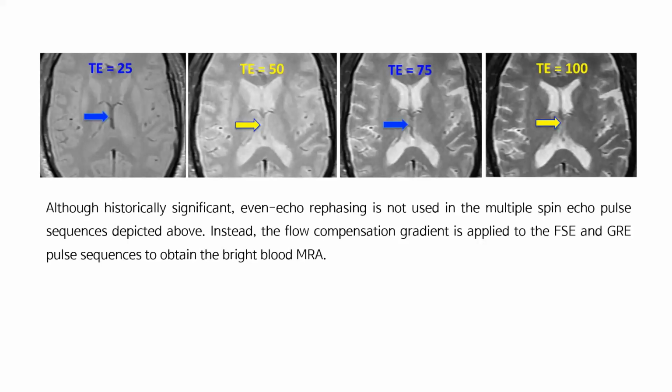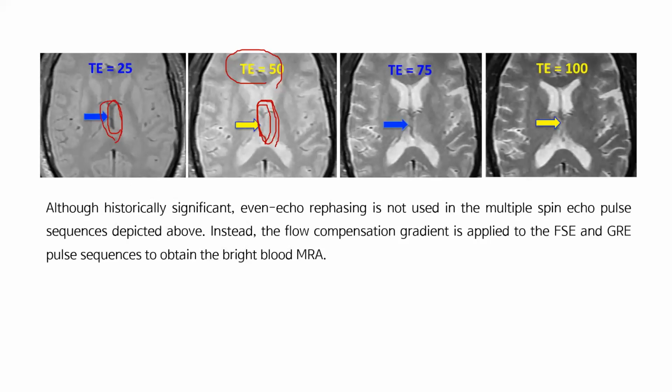This shows the even echo rephasing. So in the bright CSF region, we have bright signal, and here odd echo.